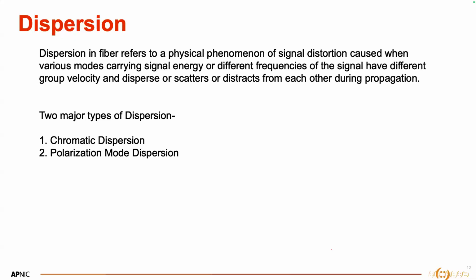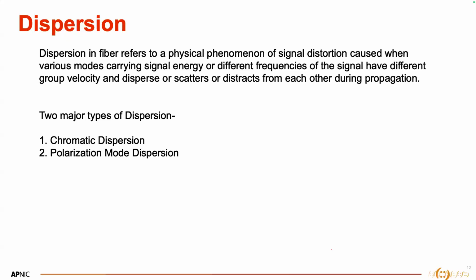This is the idea of dispersion. To be precise, we call this chromatic dispersion. This phenomenon of broadening the wave shape and overlapping with the next one is called chromatic dispersion.